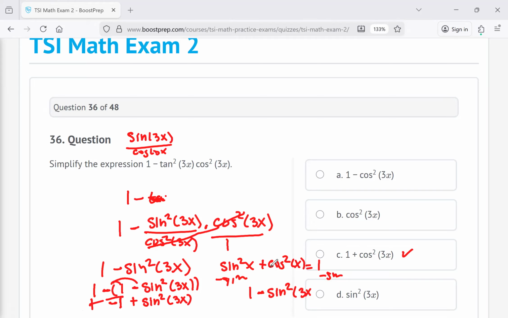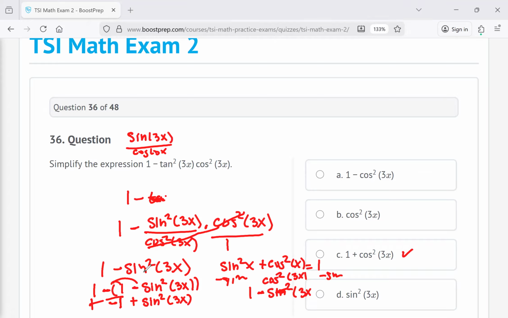Sine squared x is going to equal, wait, this is wrong. When you subtract this sine squared x, it should give you 1 minus cosine squared of 3x, right?